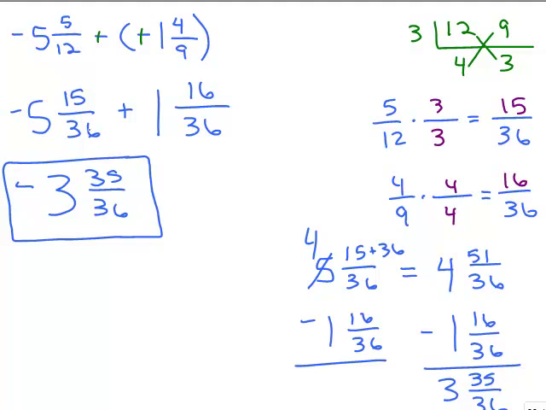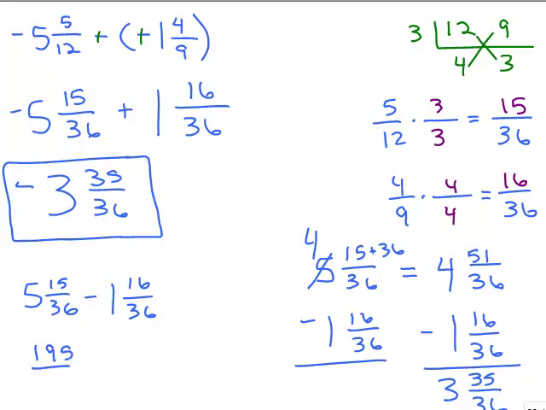Now you also could have changed each of these to improper fractions, right? So the other way to do this, to subtract the 5 and 15/36 minus the 1 and 16/36, is you would have to multiply 36 times 5. Okay, I have a video showing you an easy way to multiply by 5. That's 180 plus 15.